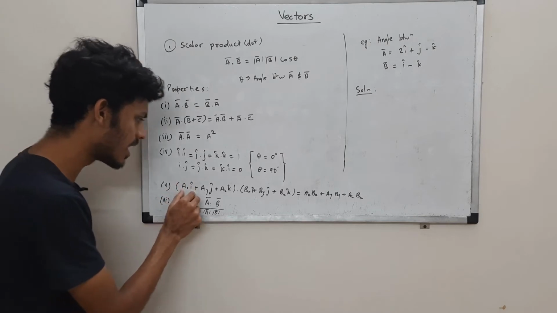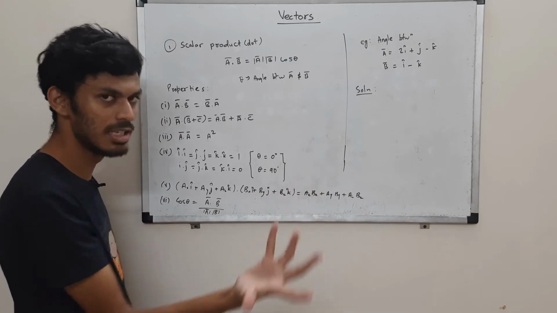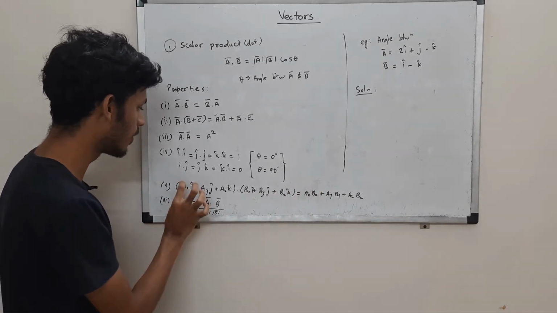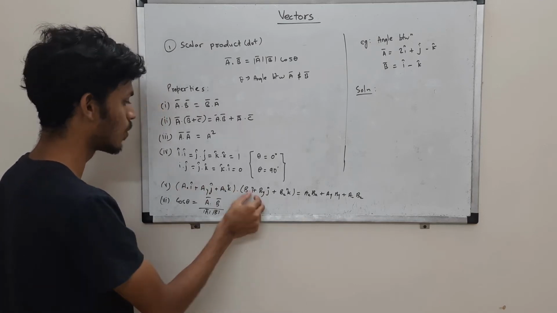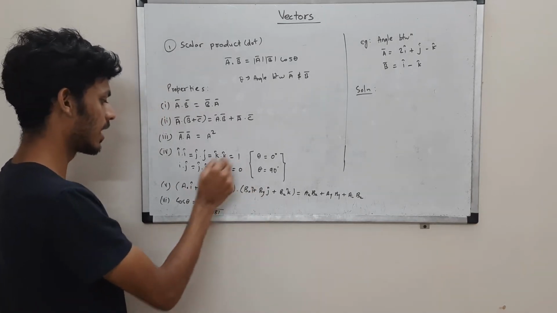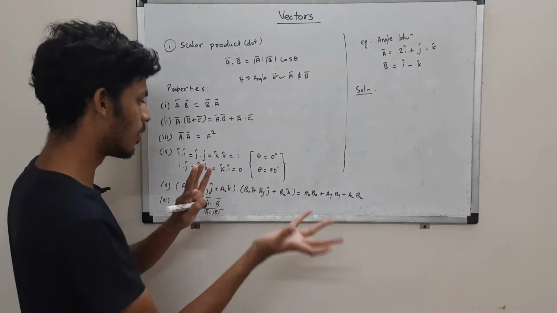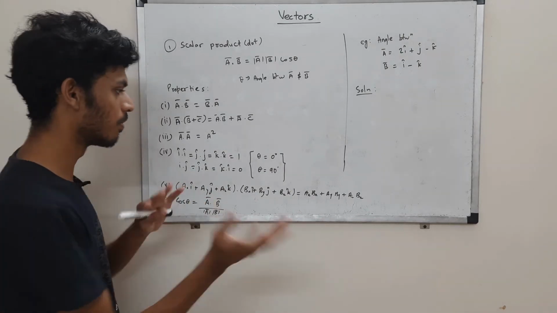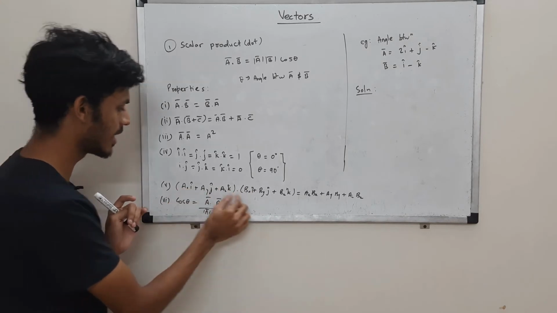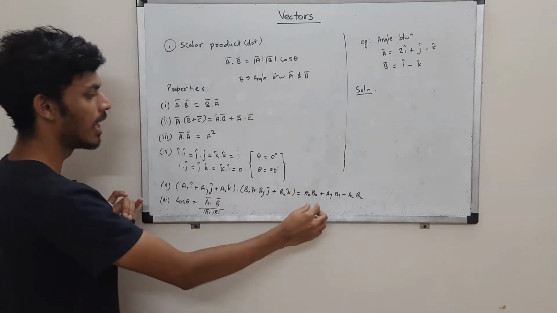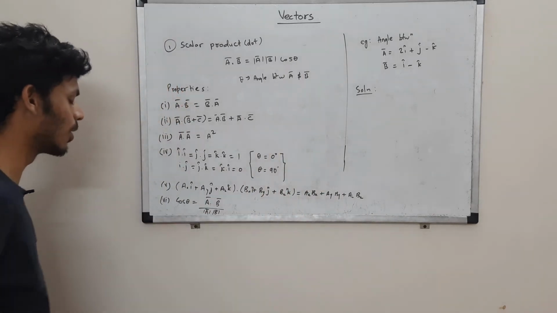Because i dot j will be 0, the x and y cross terms will not contribute, and z and y will not contribute, because j dot k will be 0. So only the contributing ones are xx, yy and zz: ax bx, ay by, az bz, and add them. That is what we are going to do.